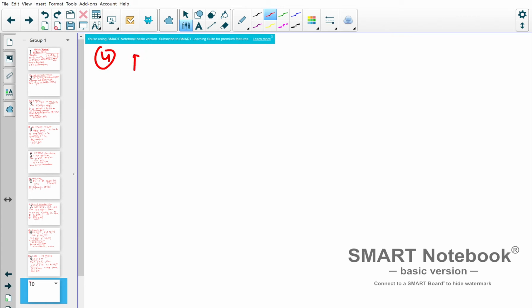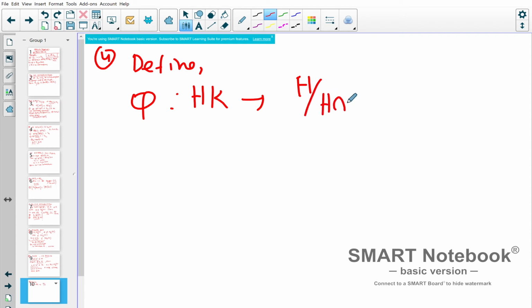So we define this map, say phi, a homomorphism from HK to H intersection K, sorry, HK to H quotient. Now, what is the natural map? How do you think?